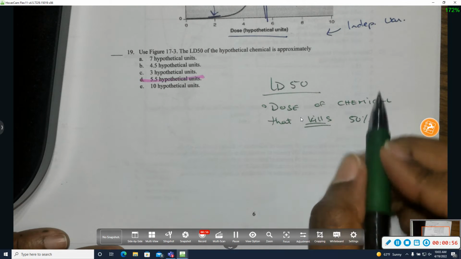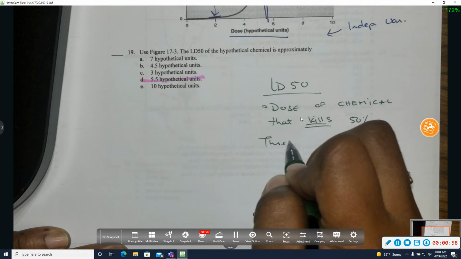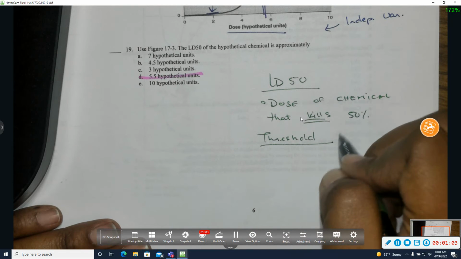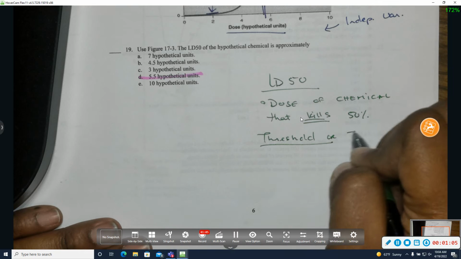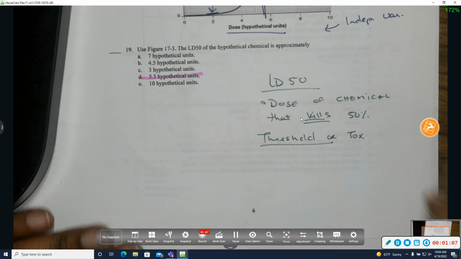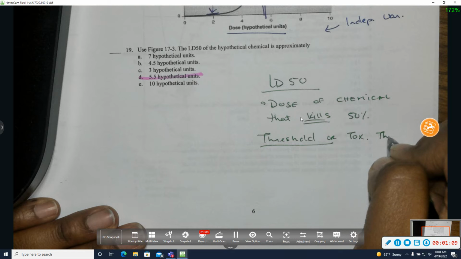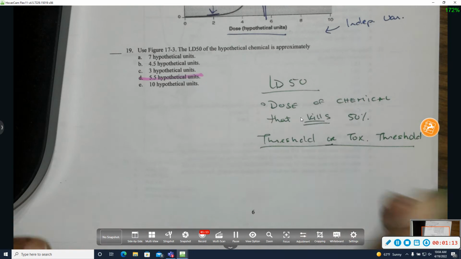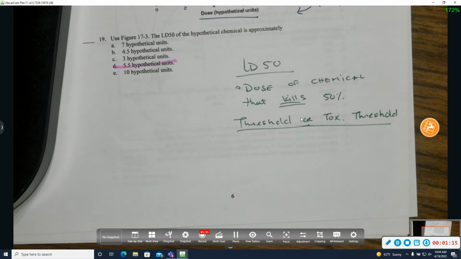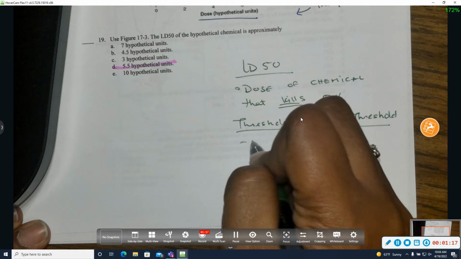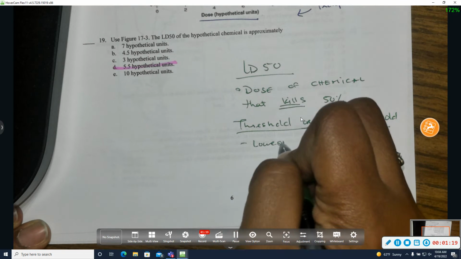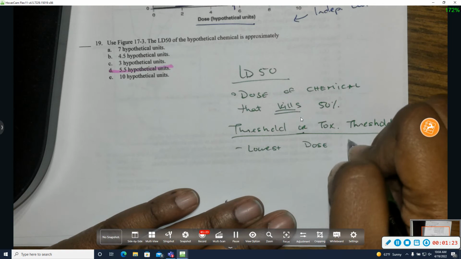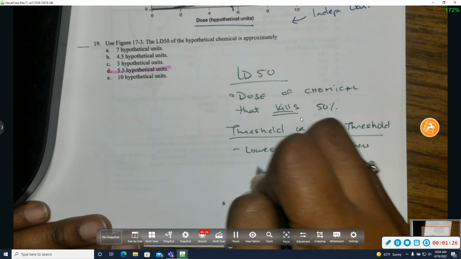And then you've got the threshold, which is a little bit different. The threshold, or sometimes it's called the toxin threshold, same thing, is going to be the lowest dose where you start to see an effect.